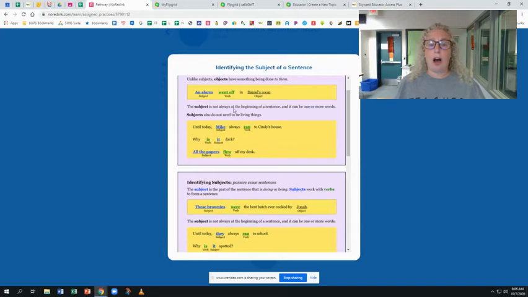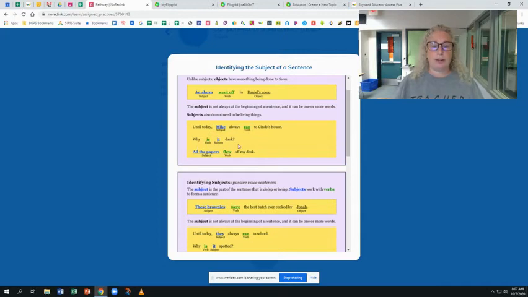Daniel's room is just an object in the sentence. The subject is not always at the beginning of the sentence, and it can be one or more words. Subjects also do not need to be living things. Until today, Mike always ran to Cindy's house. So the verb here is ran. Who's doing the running? Cindy's house is not doing the running. Mike is doing the running. Therefore, Mike is the subject.